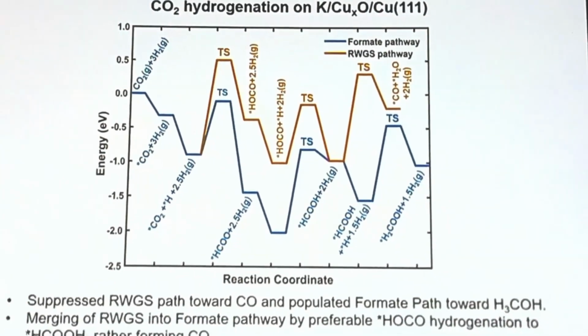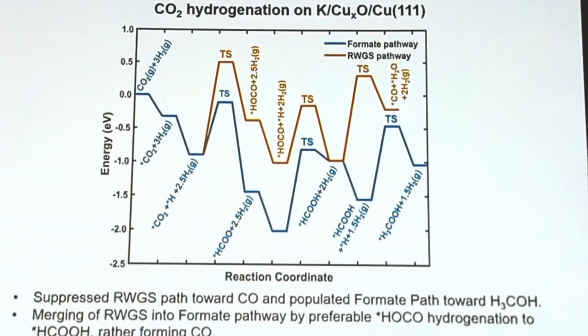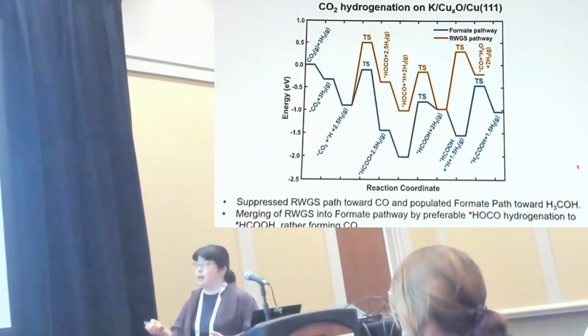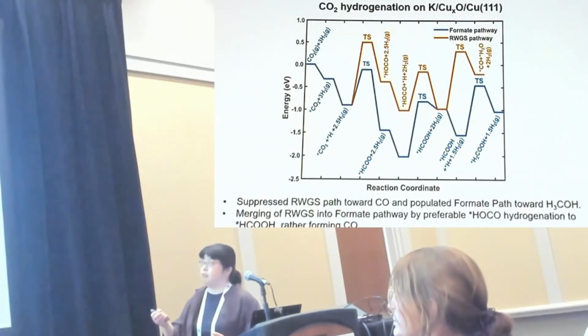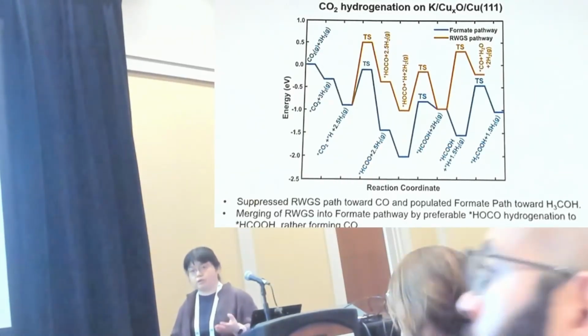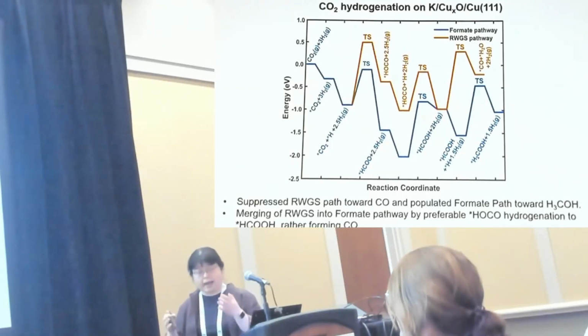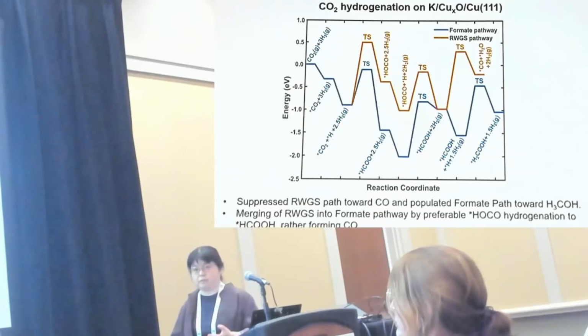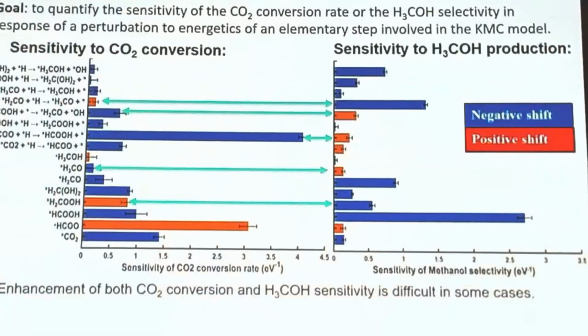And finally, we find that CO binding, which we identified as an essential descriptor for methanol synthesis, in this case doesn't matter. I mean, for the potassium decorated surfaces, the CO binding is pretty big, but you still can get higher methanol selectivity. And that's because the potassium totally changed the reaction mechanism at active sites.